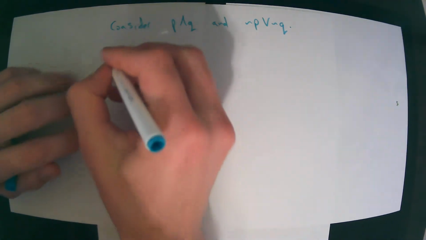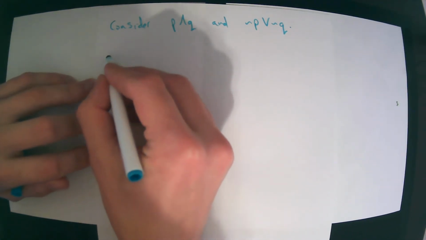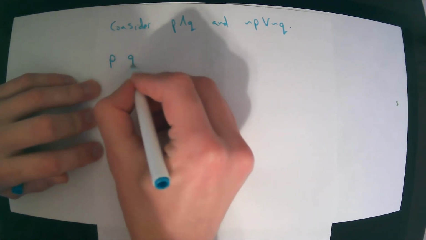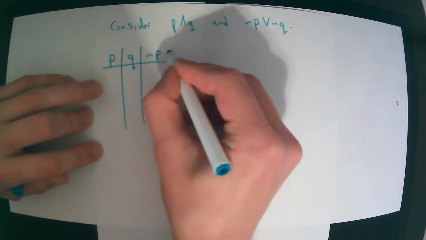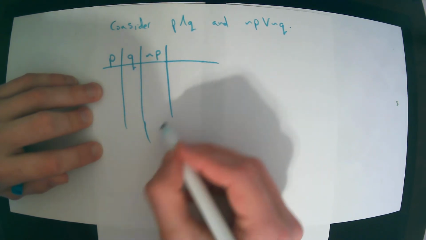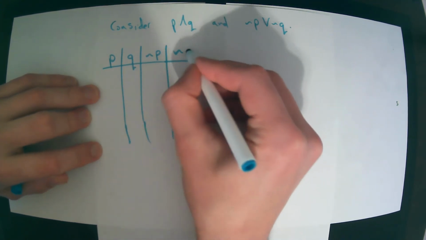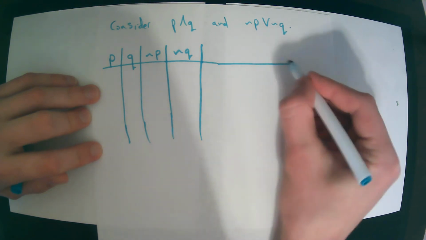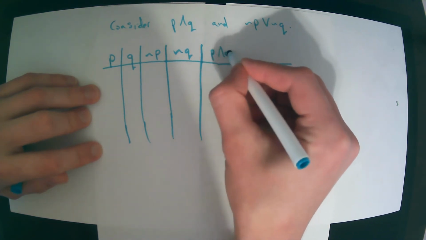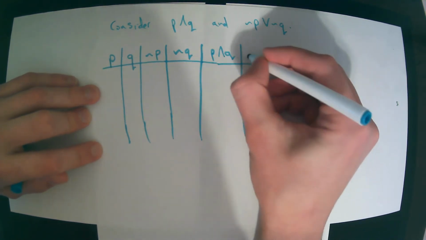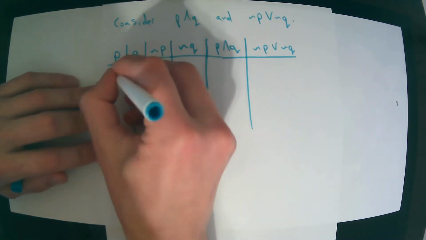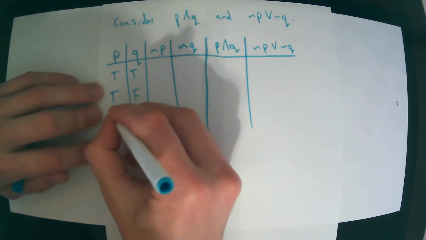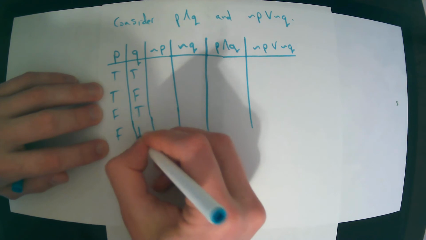If I made a truth table of these, I would need P and Q, I would need not P. In fact, I think in one of our examples from last section we had something like this, or very similar. And then I would need the P and Q, and also the not P or not Q. Alright, let's start with our simple statements, no negations attached, making our 4 combinations.